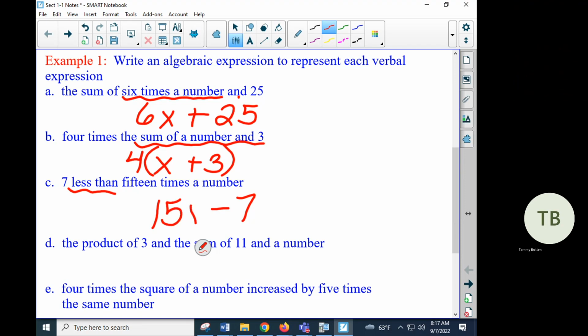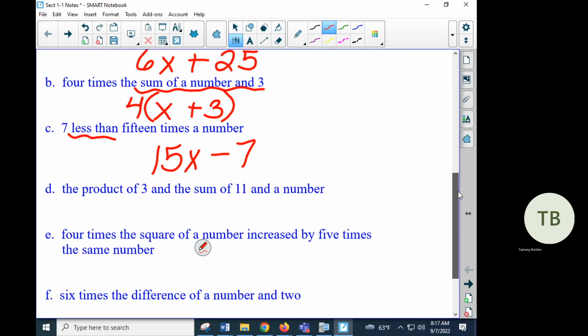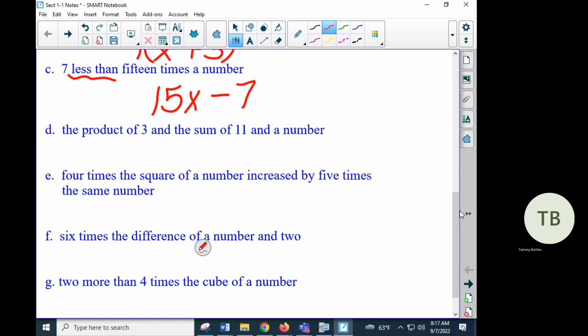Good. The product of 3 and the sum of 11 and a number. So we're going to start here. How would I write the sum of 11 and a number? Would it be times, or sum means add, right?